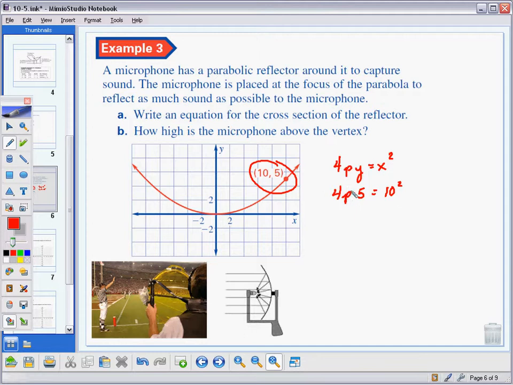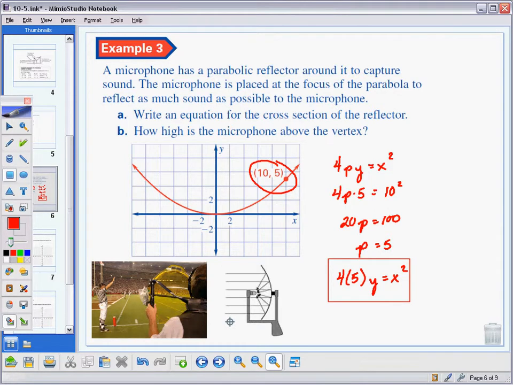What this allows me to do is isolate the p as a variable so that I get 20p equals 100, and I now know p must be equal to 5. So my equation would be 4 times 5 times y equals x squared. And that's the equation of this parabola.